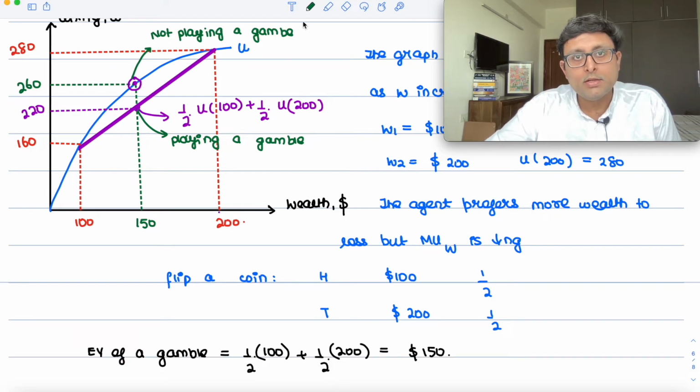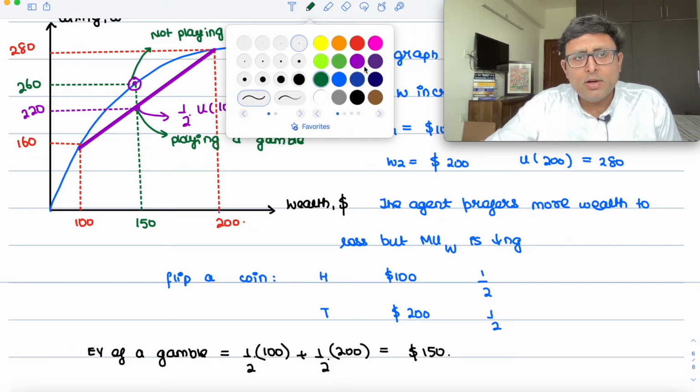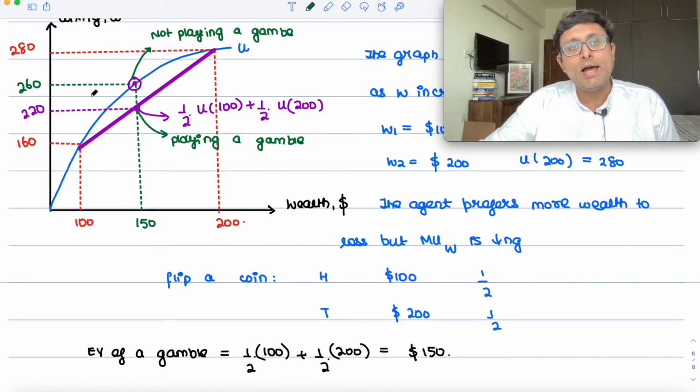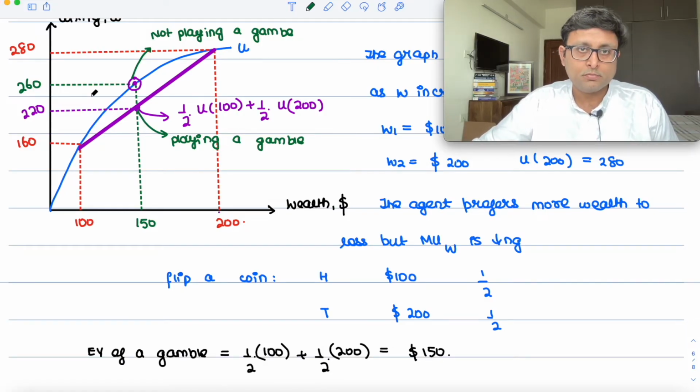Okay, one thing. Second thing, now ask yourself, what is that level of income or that level of wealth which is going to give you the same utility as the gamble? What is the utility which the gamble is providing you? 220.